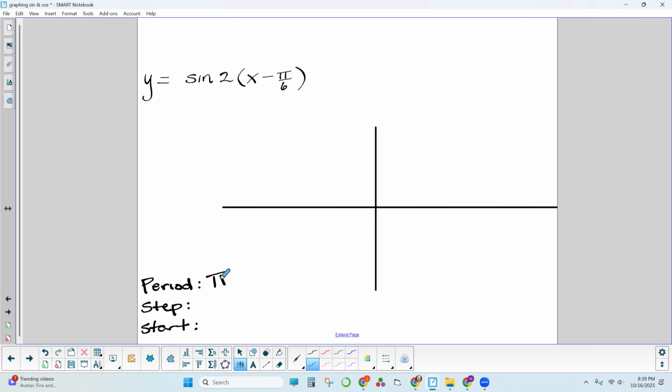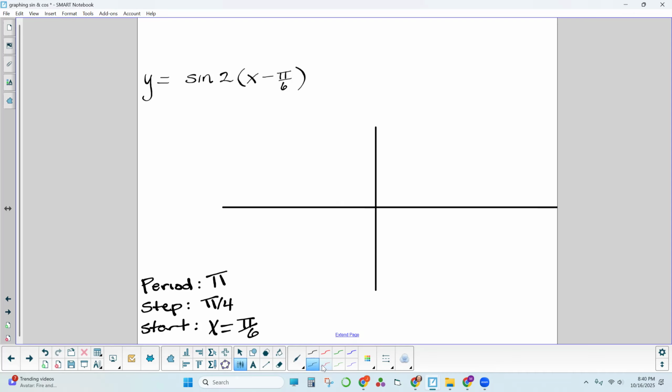Okay, so take our period, divide it by 4, and we have our step, which is pi over 4. Our start is our horizontal shift, which would be x equals pi over 6. Of course, I want a common denominator between my step and my start. It's going to make it a lot easier to label my x-axis.